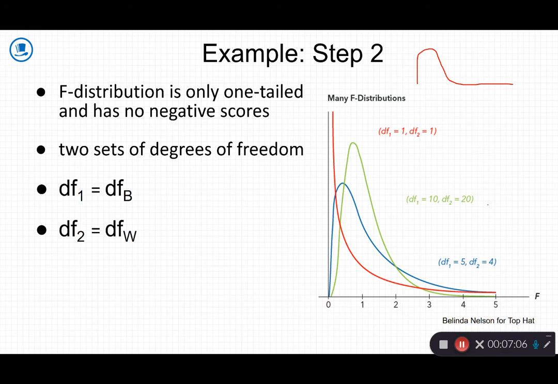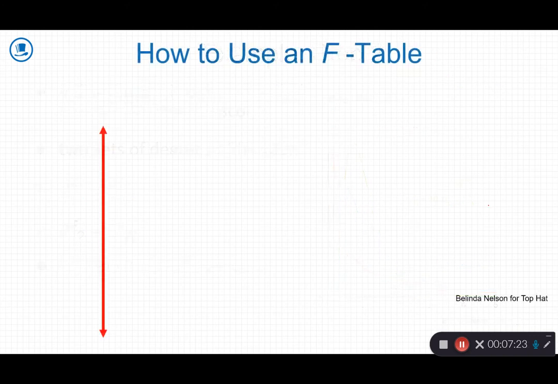Of course, as a rejection region, we also need to know the level of significance. So to find the critical value of F, we need 3 things: DF1, DF2, and the level of significance.